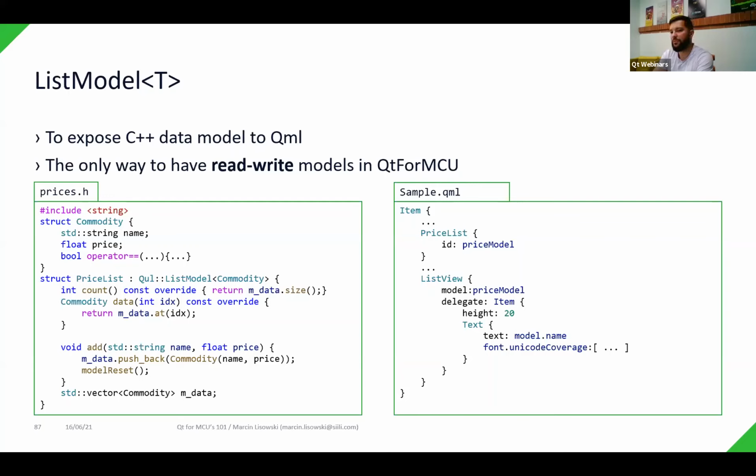The count, which returns the size of your data internally, and of course the accessor method for a single element based on the index. So a data method that also needs to be overridden. It just has to return the element at the given index.